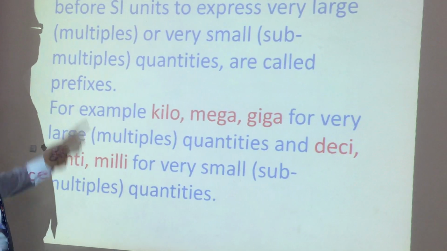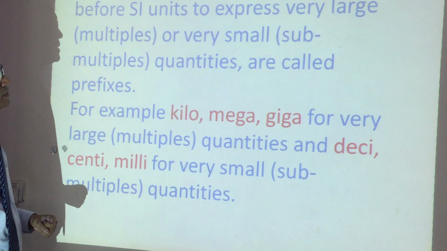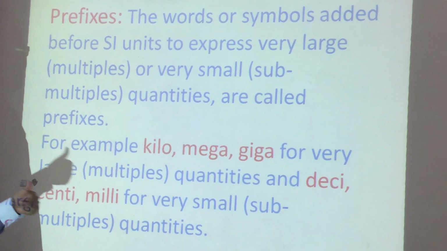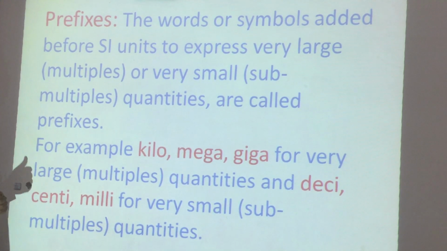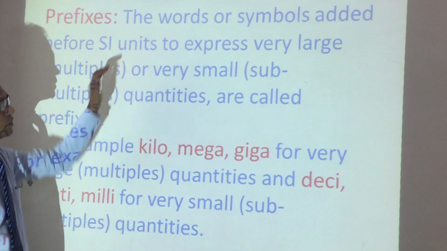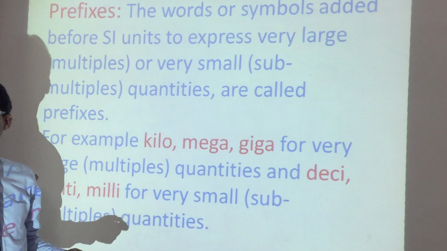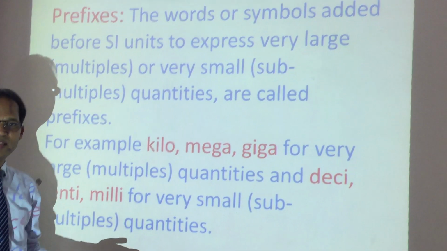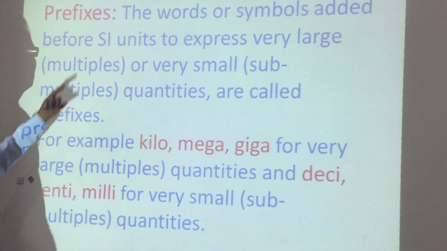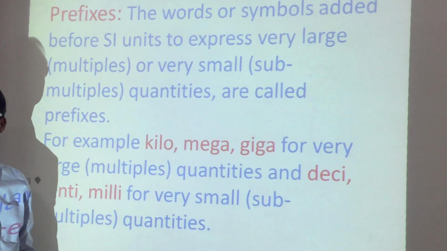Here, prefix: the words or symbols added before SI units to express very large or very small quantities are called prefixes. SI units, System International Units, the units that are acceptable around the globe, right?